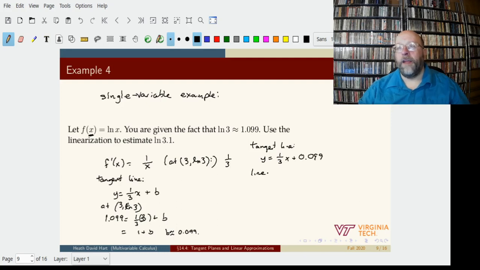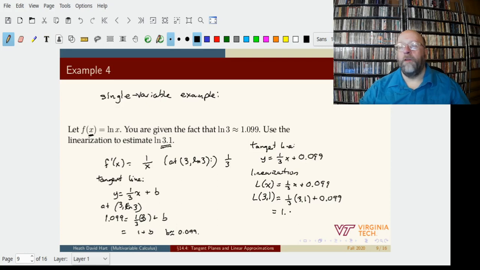The linearization would be L of x, and again we only have one variable, equals 1/3 x plus 0.099. And so now we want to find the linearization at 3.1. That's 1/3 times 3.1 plus 0.099. 1/3 times 3.1 is 1.033 plus 0.099.